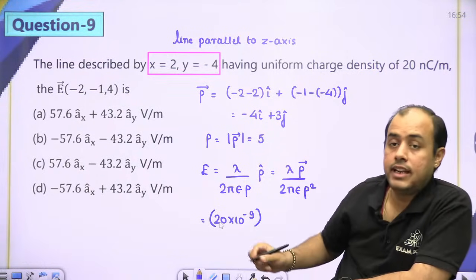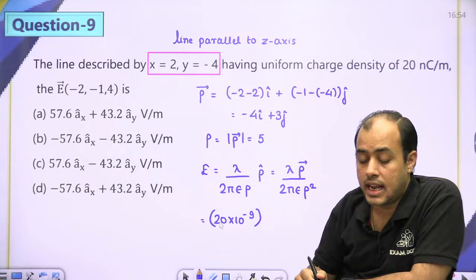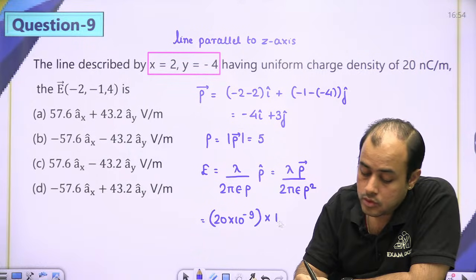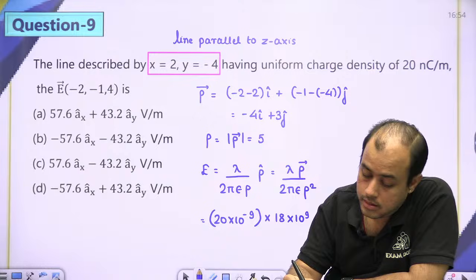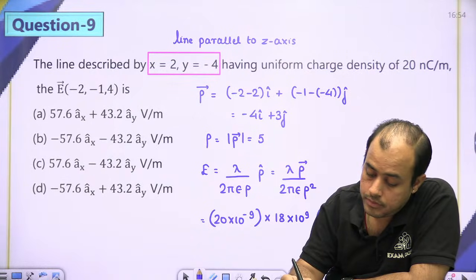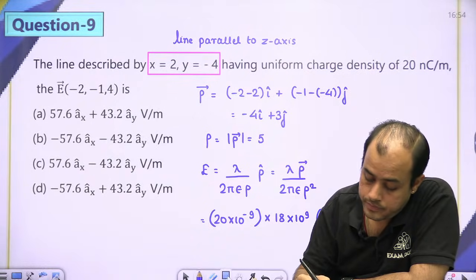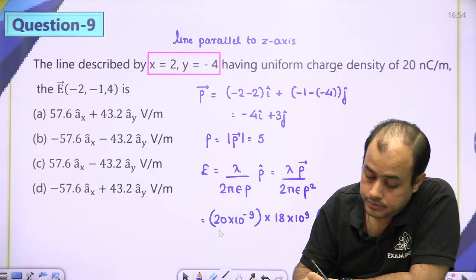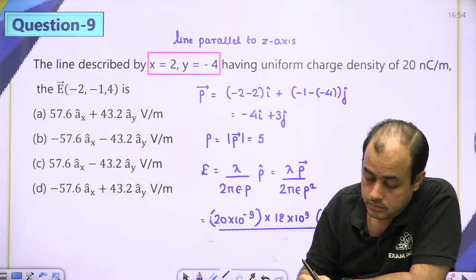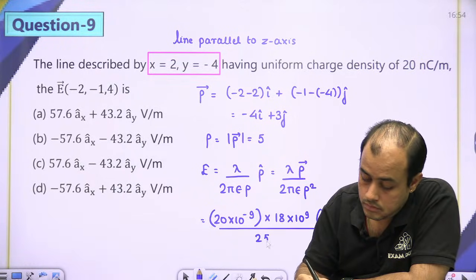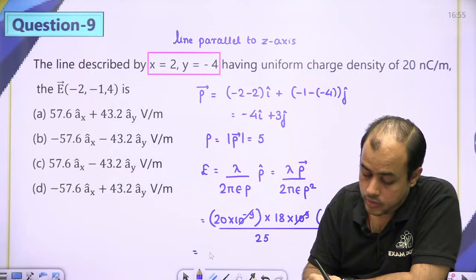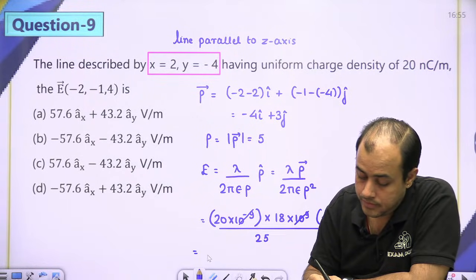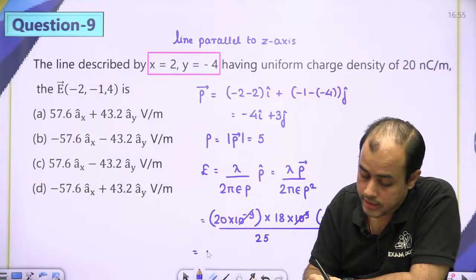Now understand, 1 by 4 pi epsilon is 9 into 10 to the power 9, so 1 by 2 pi epsilon is double of it. 360 by 25, 12, 14.4.